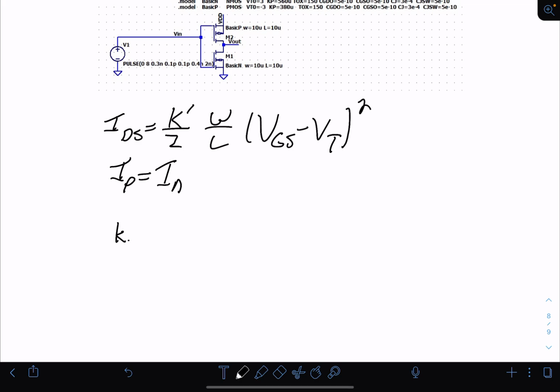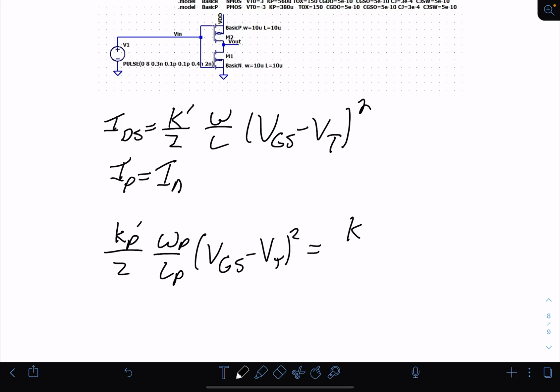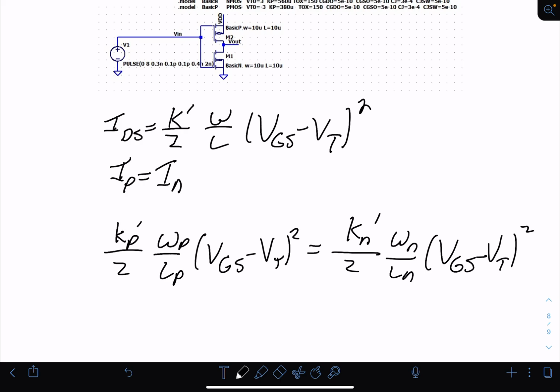And so we're going to get KP prime over 2, WP over LP times VGS minus VT squared is equal to KN prime over 2, WN over LN times VGS minus VT squared. And that's N and that's P. But we know VGS is also going to be equal, so we can cancel these terms out.